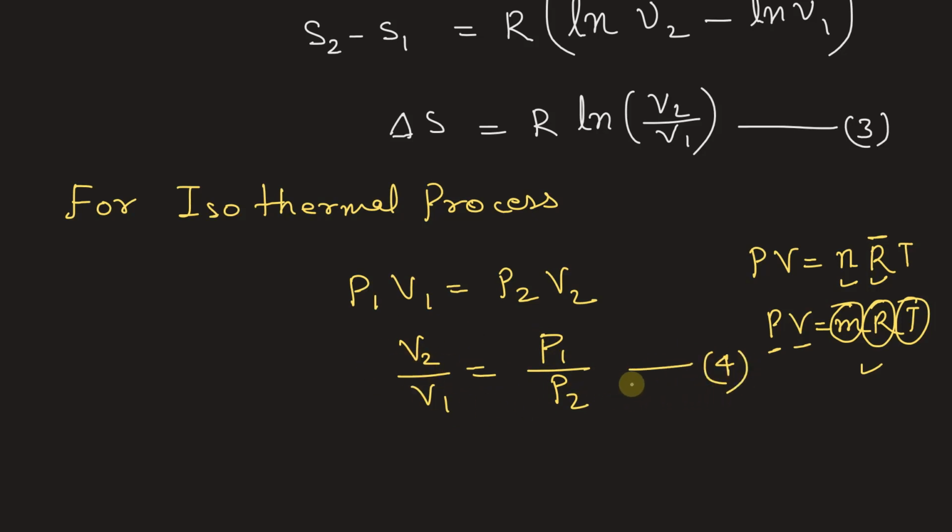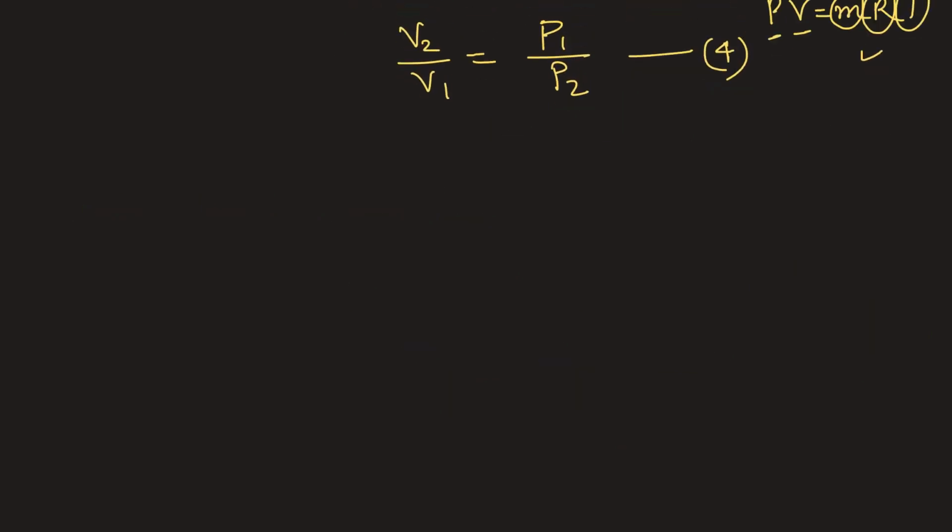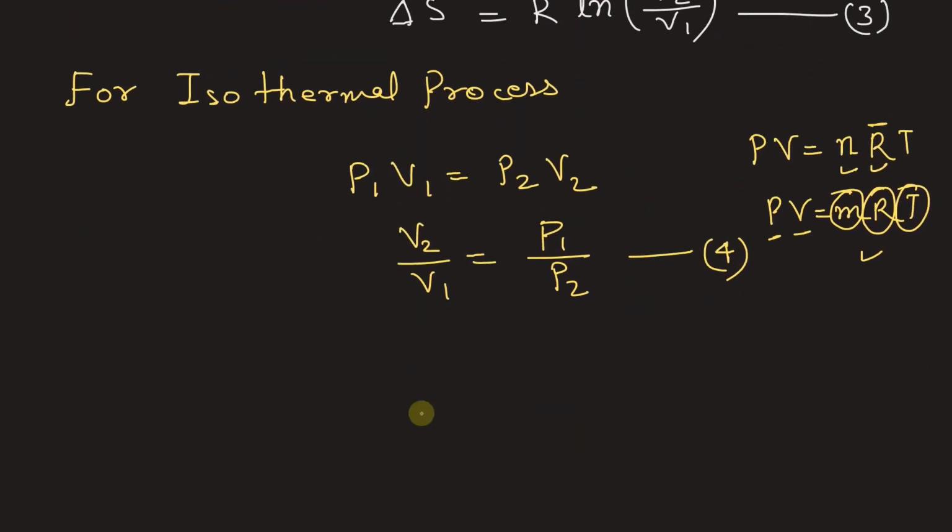Now let's substitute equation number 4 in the change in entropy relation, equation number 3. So delta S, change in entropy, will be equal to R ln P1 by P2, right?